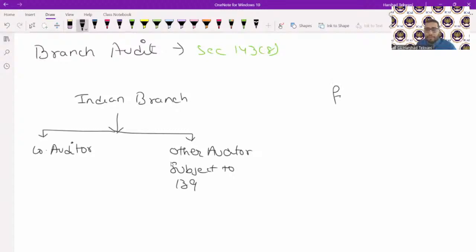Now foreign branch. Now, we are talking about a branch which is situated outside India. In case of a branch which is situated outside India, who can be a branch auditor? For branches outside India, it can be audited either by the company's auditor, or by an accountant or any other person duly qualified to act as an auditor of that particular branch in accordance with the law of that particular country.